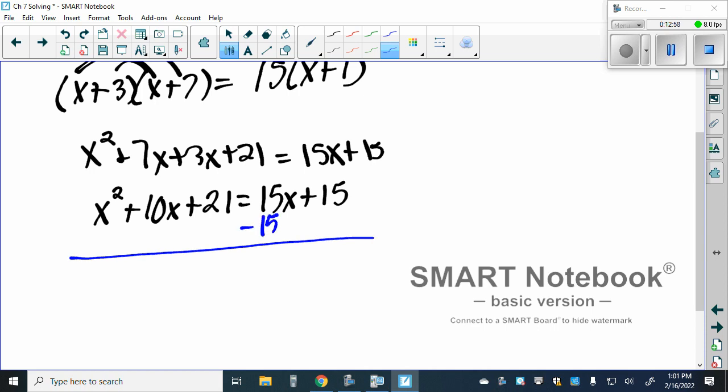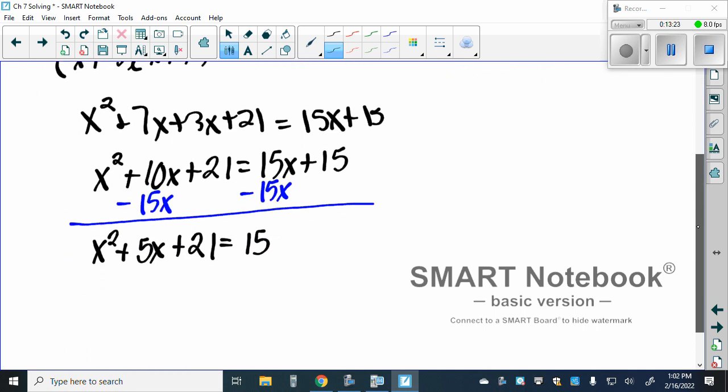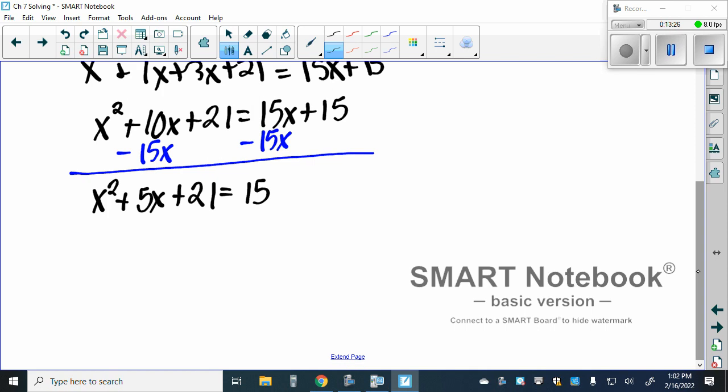Well, we can subtract 15x from both sides, which tells us that we have x squared minus 5x plus 21 is equal to 15. Okay. Now at this point here, we can subtract 15 from both sides.